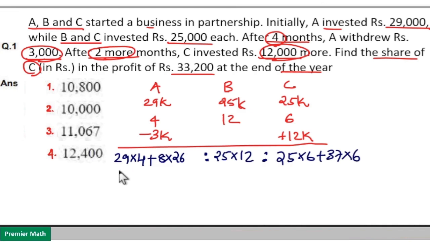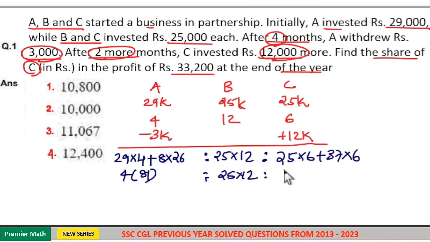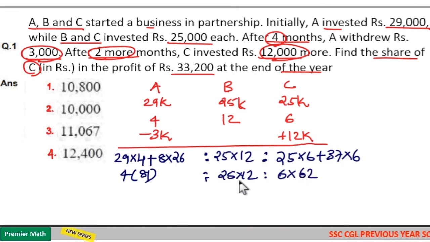Now the ratio is equal to, if I take 4 outside, 29 plus 52, that is 81. Then 25 into 12, and if I take 6 outside, 6 into 25 plus 37, 25 plus 25, 50, 50 plus 12, 62. Now here we have 12, so take 12 outside.